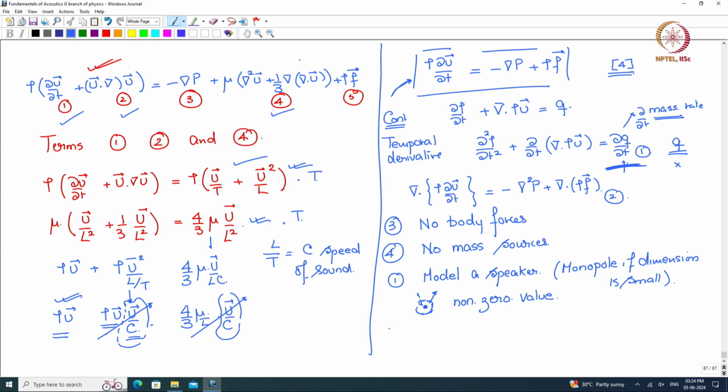Now the term 2 is like a piston with no baffle. What do I mean by that? It's like a flat source in the middle of the medium, and it is oscillating back and forth. So this is like a dipole.